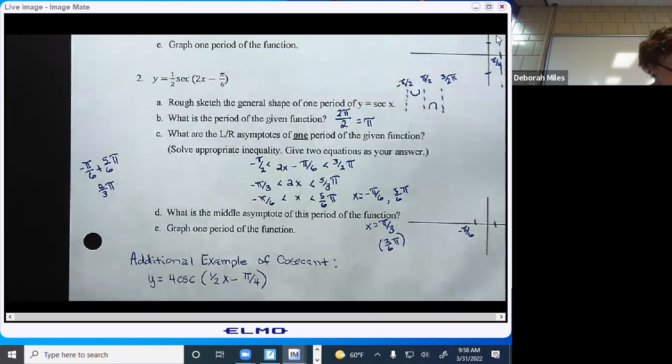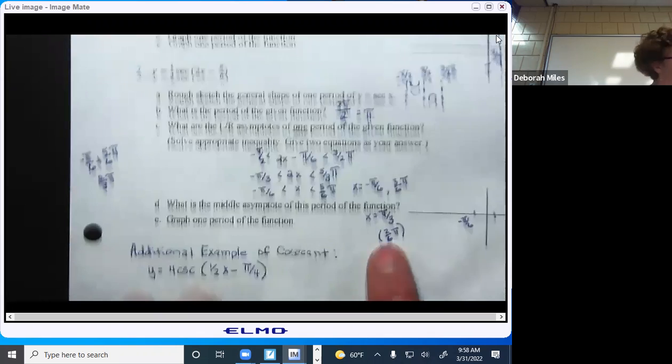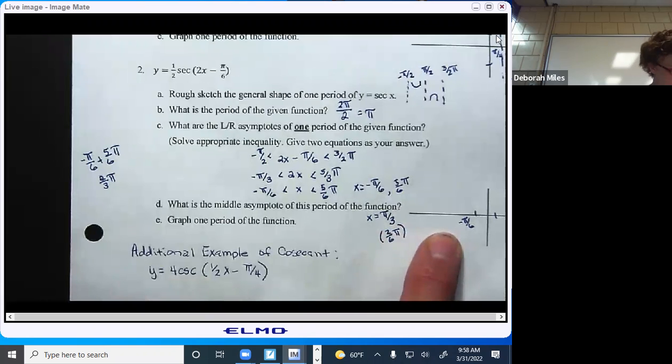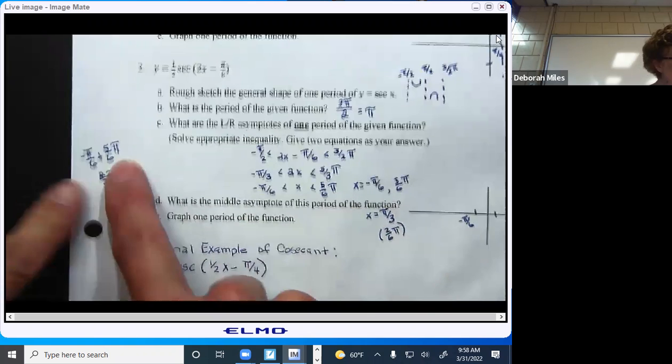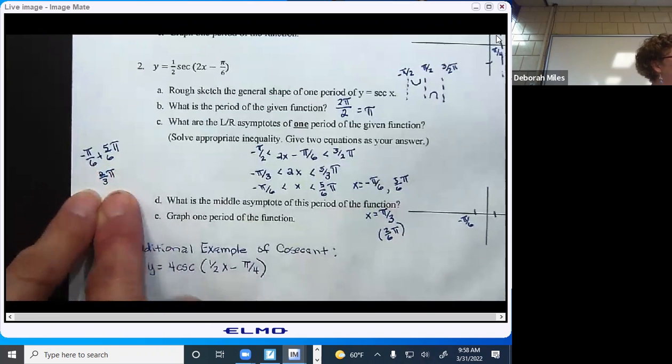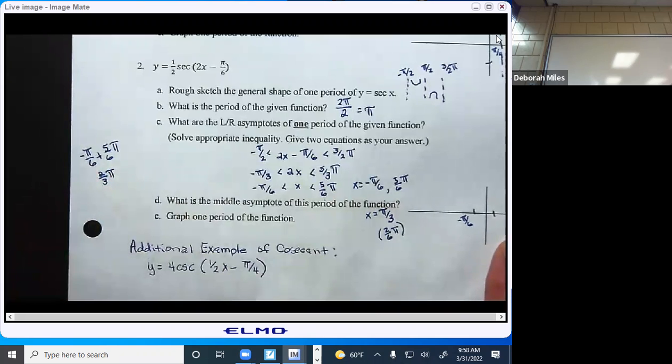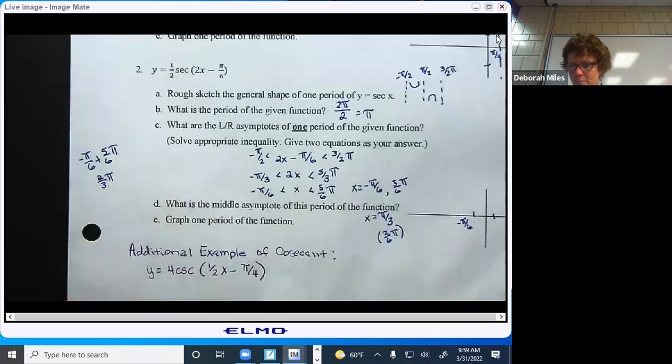Because to get the middle, you just add them and then divide by two. I added them and got 2/3, but then when I take a half, I get 1/3. 4 over 6 divided by 2 is 4 over 12, and then that's 1/3. Okay, yeah. Whew. All right. Yeah, half of that would be pi over 3.